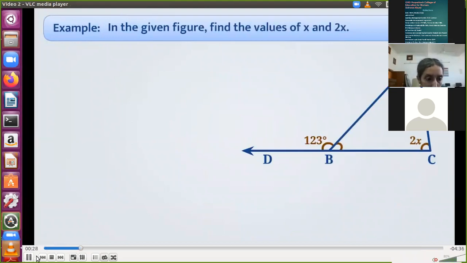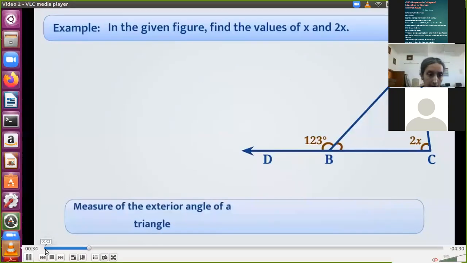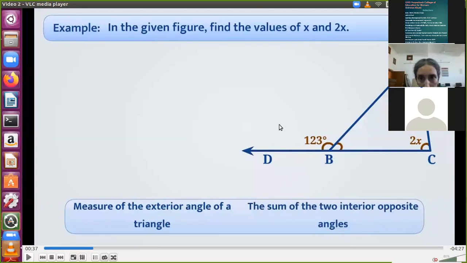Now in the first example, in the given figure, we have to find the values of x and 2x. The figure is given here. And for finding the value of x, what we will do is, we will write the exterior angle of the triangle, what is given to us.